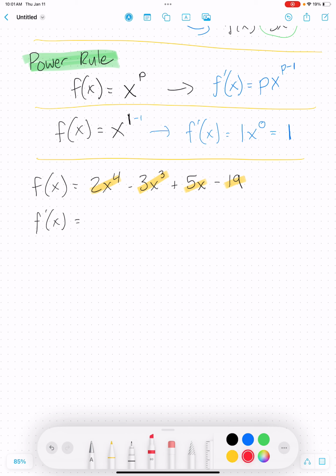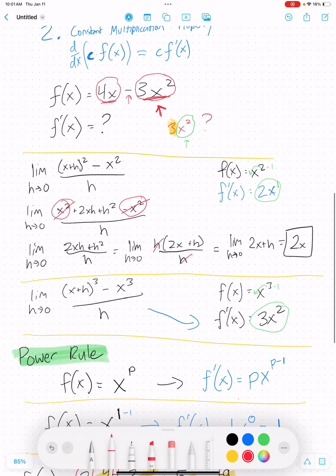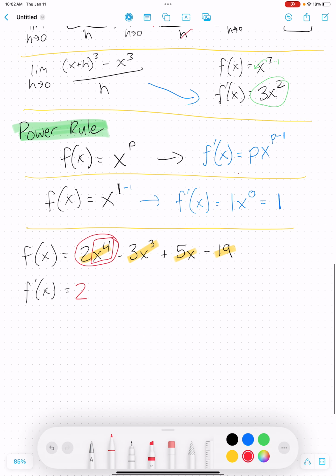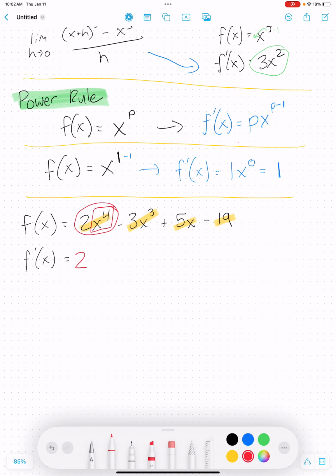Okay? So, if I look at this piece, what's the derivative of 2x to the fourth? Well, once again, the constant out in front, I can just leave there for now, and then I can focus on just x to the fourth. I can leave the 2 there because of my constant multiplication property, right? So now I can just focus on an x to the fourth.